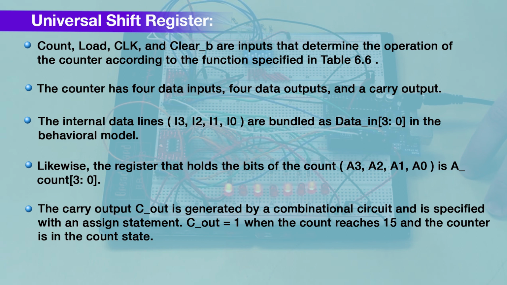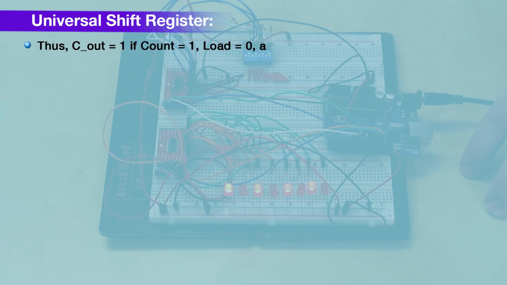C out is equal to 1 when the count reaches 15 and the counter is in the count state. Thus, C out is equal to 1 if count is 1, load is 0 and A is 1, 1, 1 and 1. Otherwise, C out is 0.